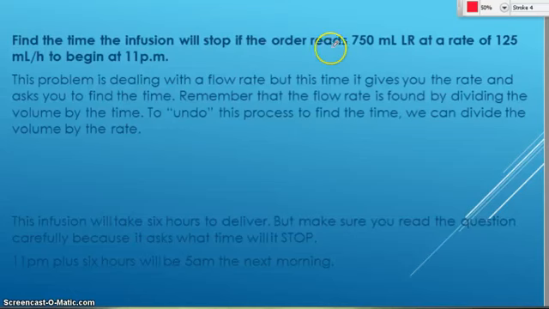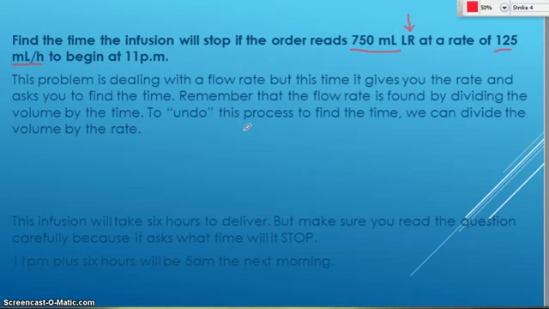So for this one, the order says we're going to have 750 milliliters LR. LR is the name again of the infusion substance. This stands for lactated ringers. And we're going to be doing it at a rate of 125 milliliters per hour. So we're going to undo this process.